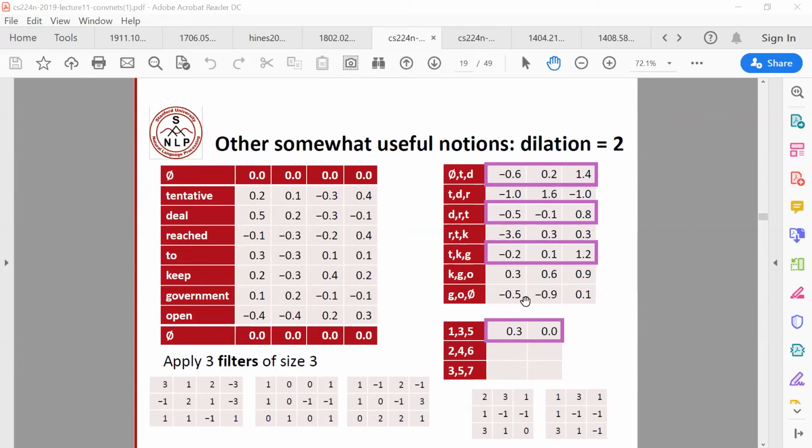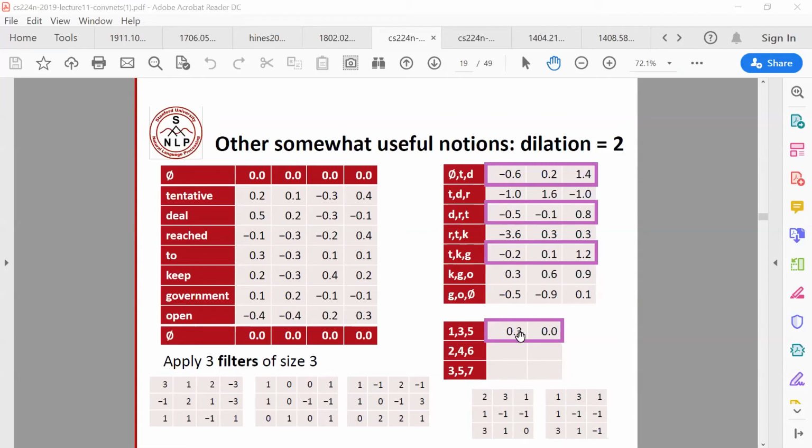If you imagine how this works, 2 times -0.6 plus 1 times -0.5 plus 3 times -0.2. So that's -1.2, -0.5 is -1.7, -0.6 is -2.3. I don't understand why I'm not getting the same result.